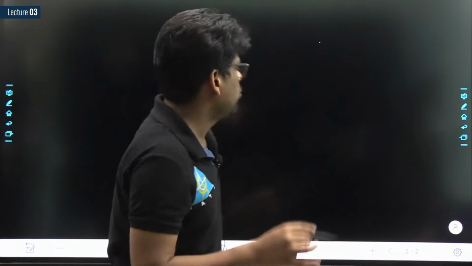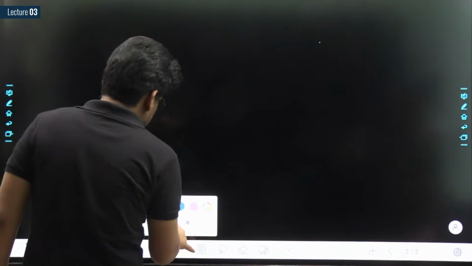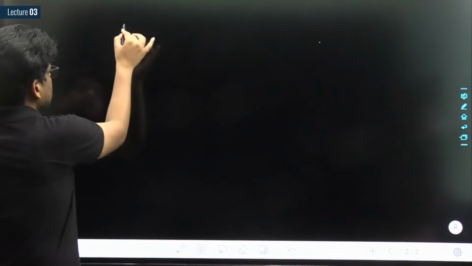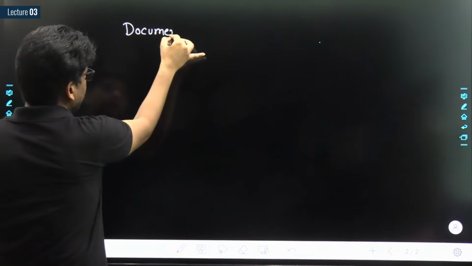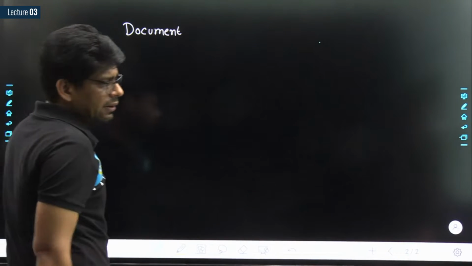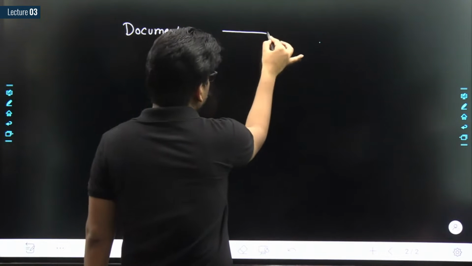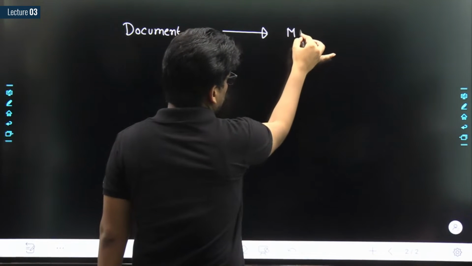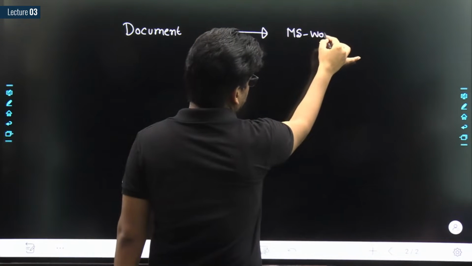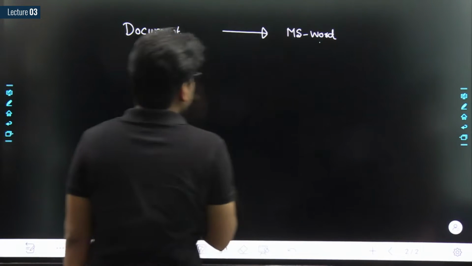So let me give you some elaboration. Sir, if we are interested in writing some document, then what do we need? Sir, we need Microsoft Word. We need a software called Microsoft Word.